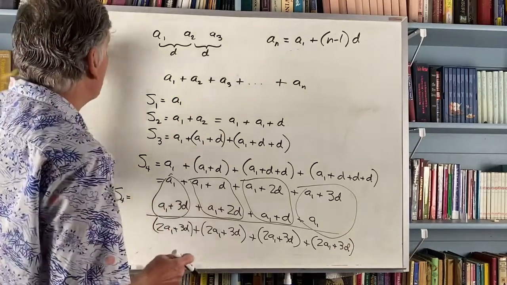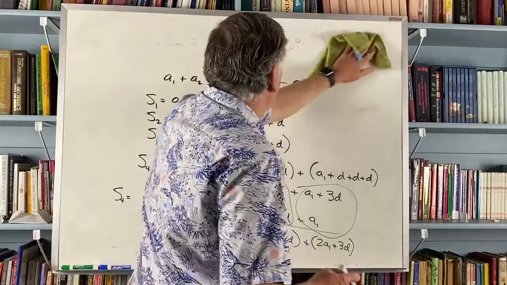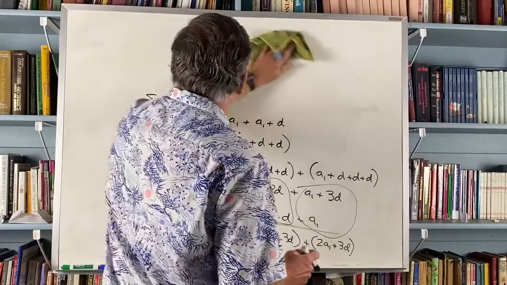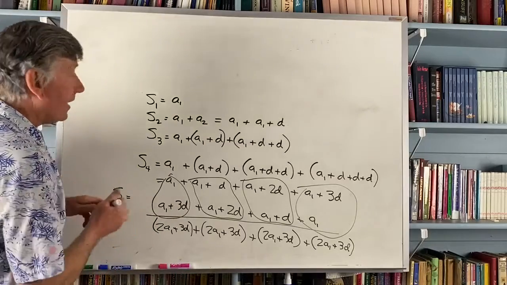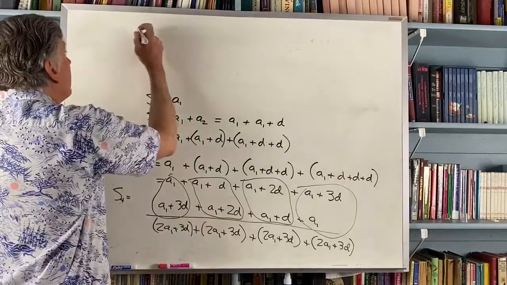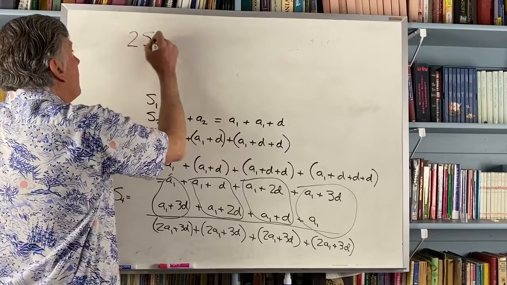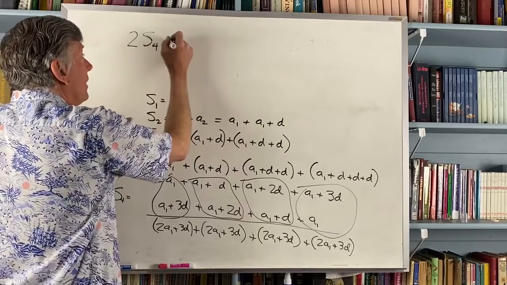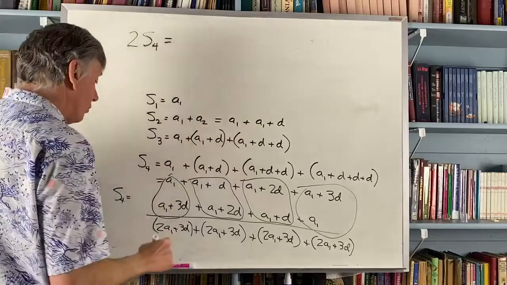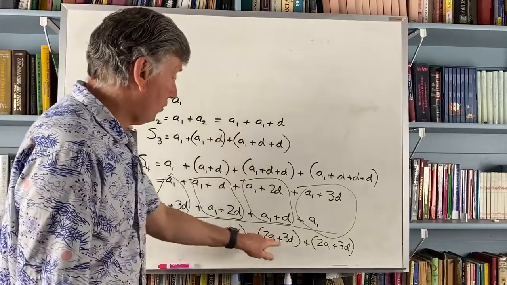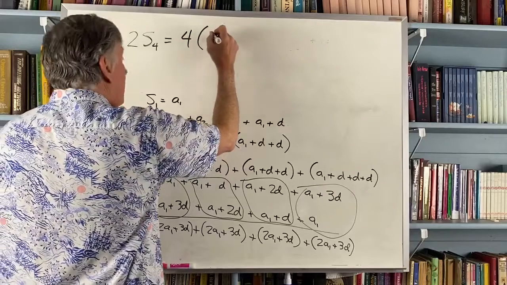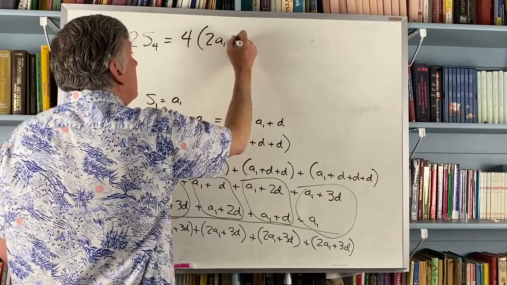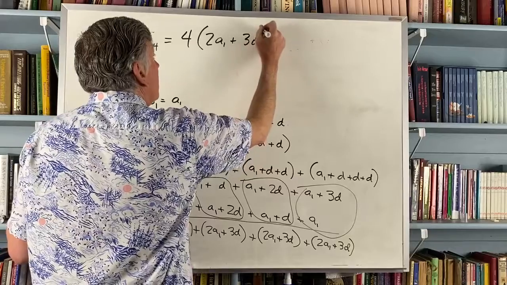Running out of room, of course, on this small board. Because I added S4 to itself, I can write 2 times the partial sum S4 is equal to 1, 2, 3, 4, 4 times 2a1 plus 3d.